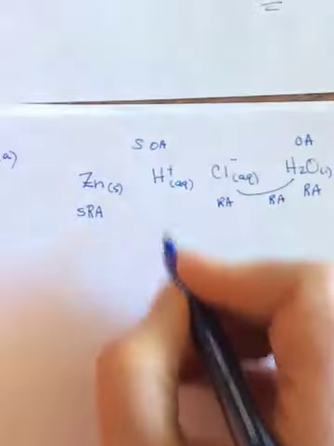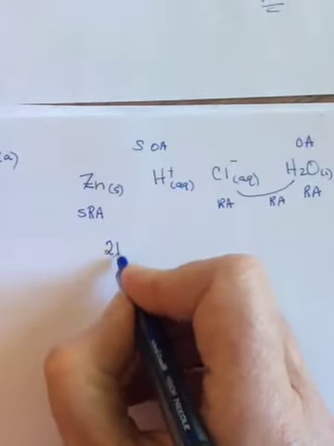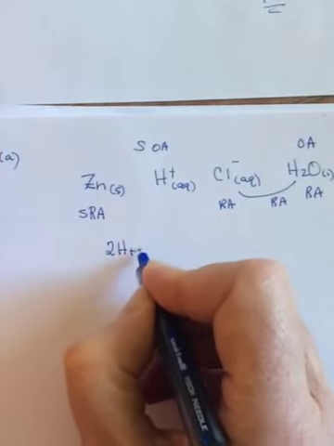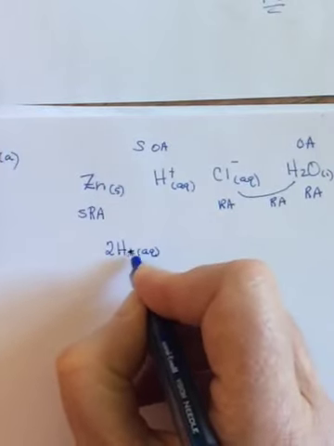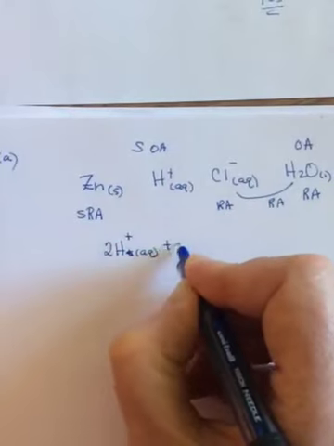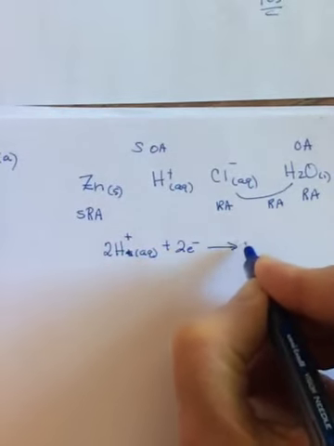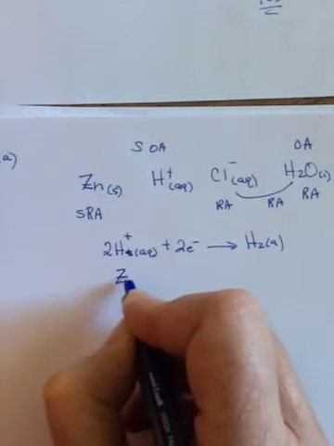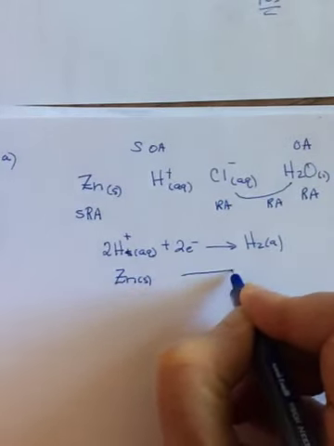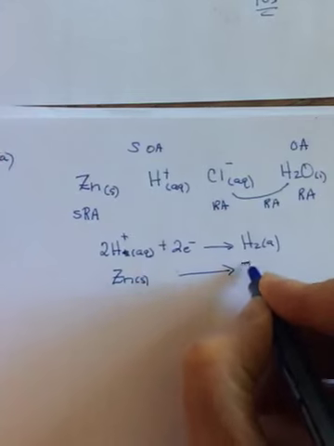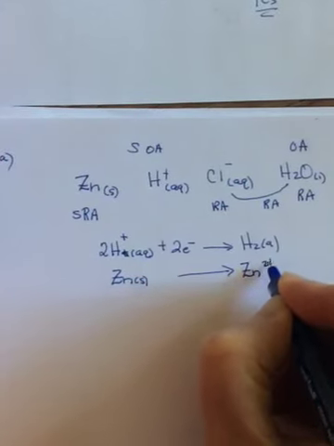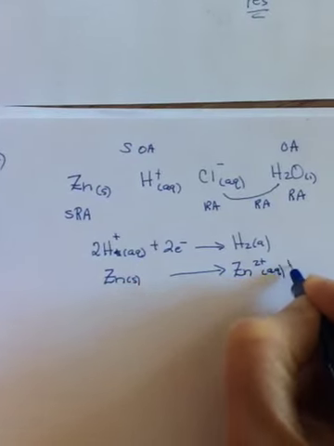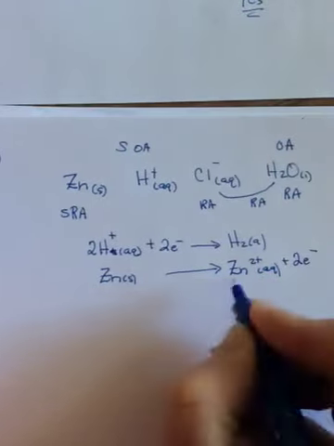For our oxidizing agent, it's going to be 2H+ aqueous plus 2 electrons going to H2 gas. And for Zn solid, remember you read backwards across the table when you're writing this down: Zn2+ aqueous plus 2 electrons.